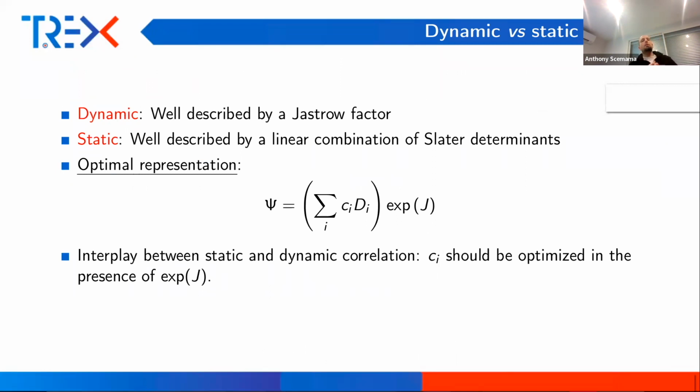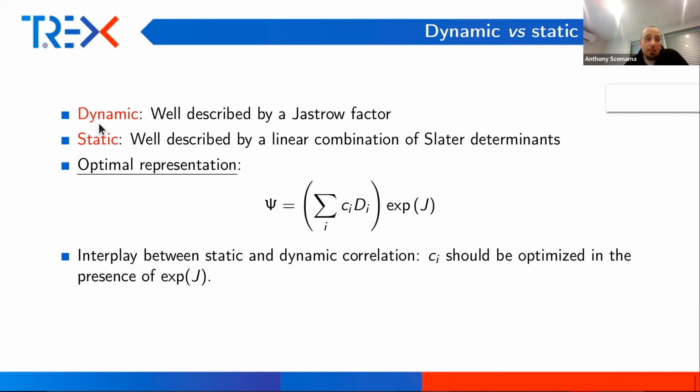Okay, so now I will speak a little bit about the Jastrow factor, which we multiply by the determinantal component of the wave function. This Jastrow factor is really well adapted to describe dynamic correlation, because, as I said, these are local short-range effects for the Coulomb hole, and this is well described by the Jastrow factor.